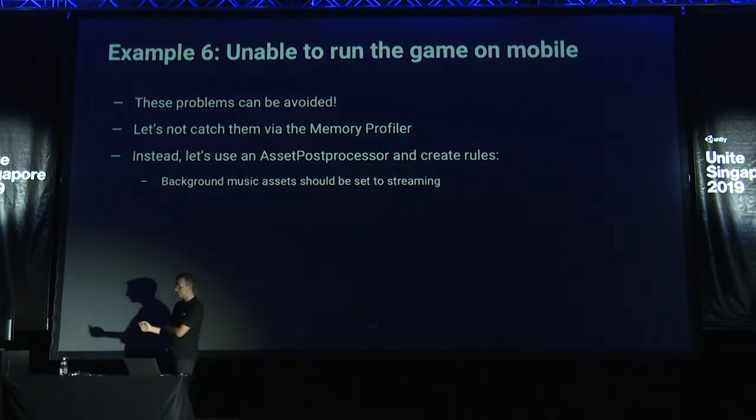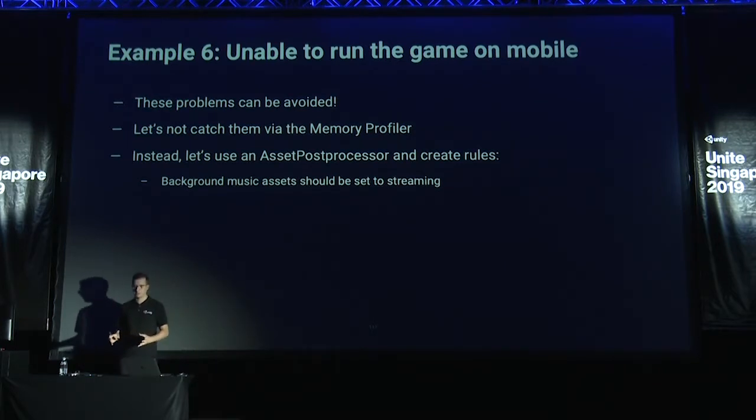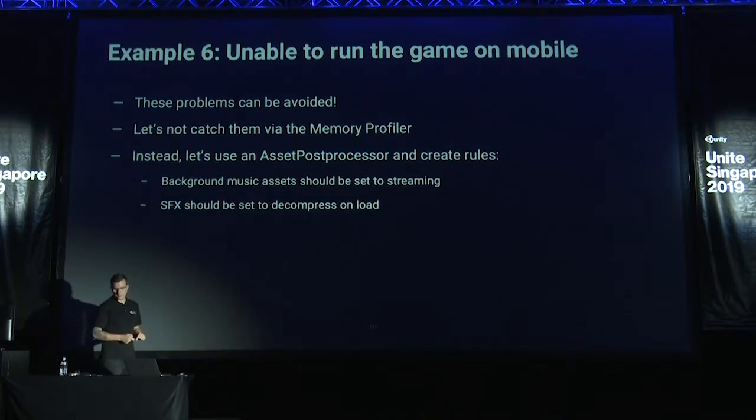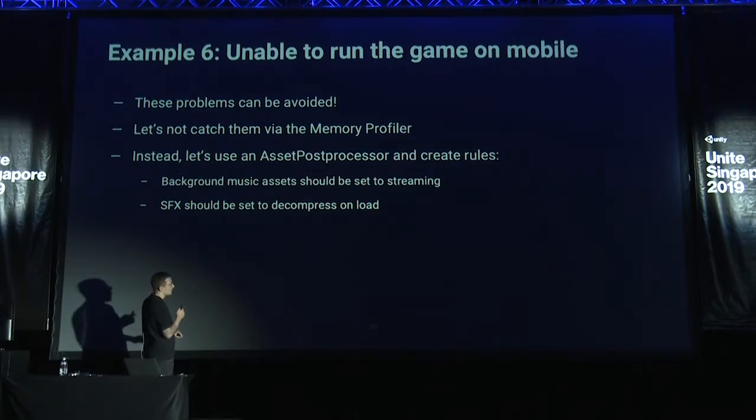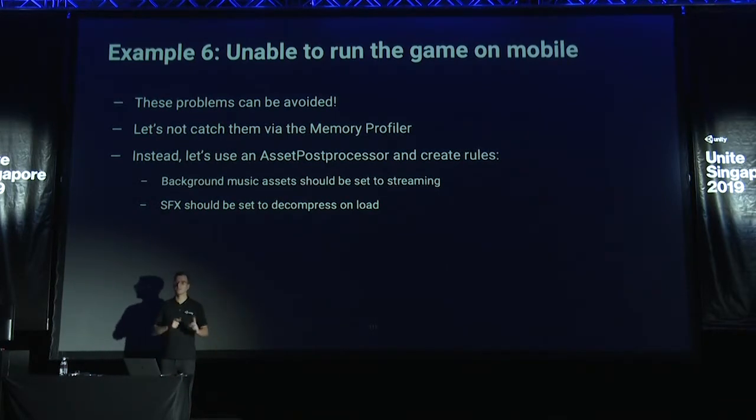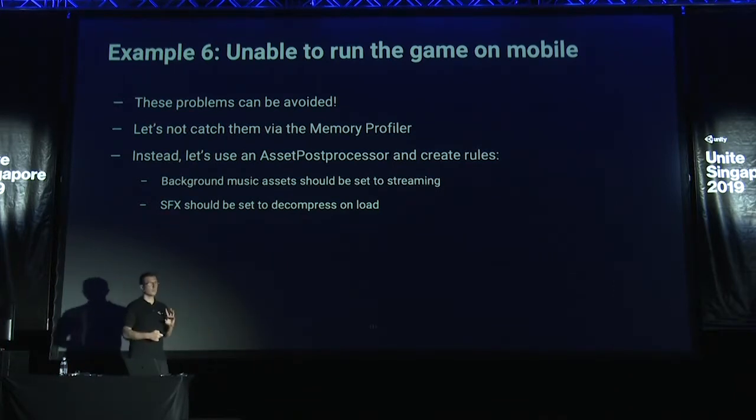So asset postprocessor is a way to write a C# script and detect assets that are being imported into your project. And you could name them, let's say, with a suffix to the name, SFX or BGM, like for background music and sound effect. And then you could detect it in the asset postprocessor and give them different settings depending on the suffix.